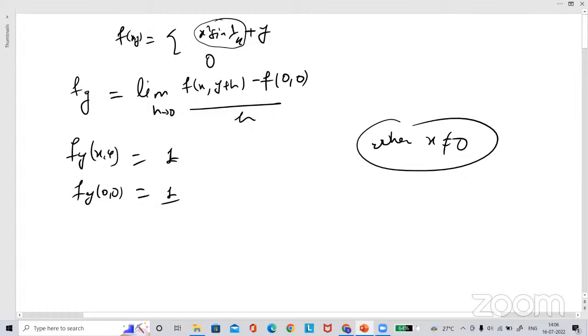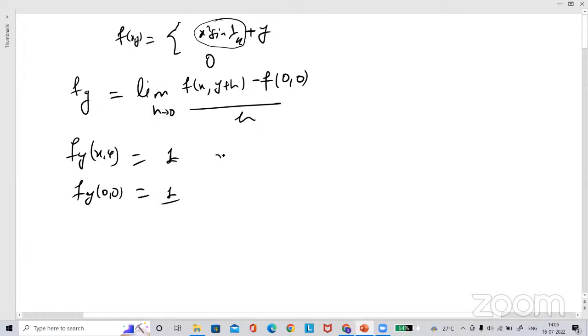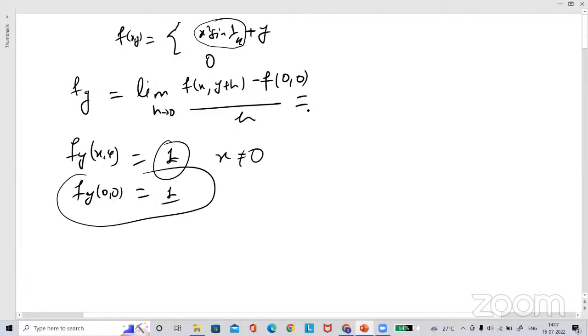You have a step function here, so because of this you have to go with the definition. It is 1 for non-zero x, but not necessarily for 0. So you have to go with the definition here.